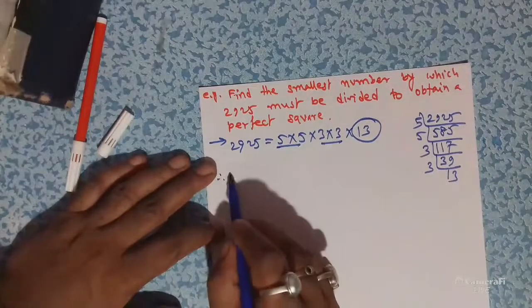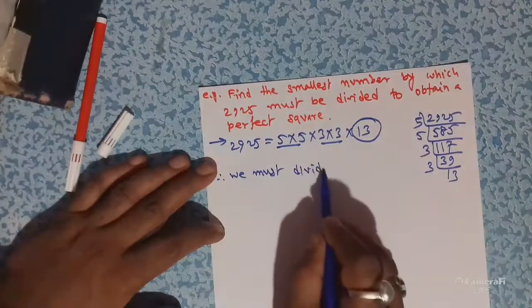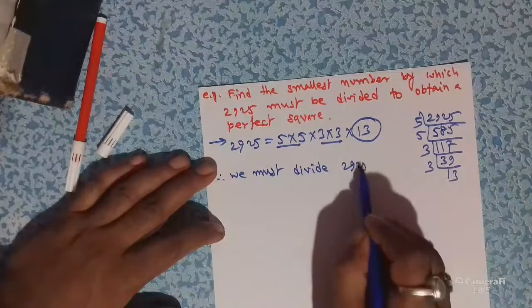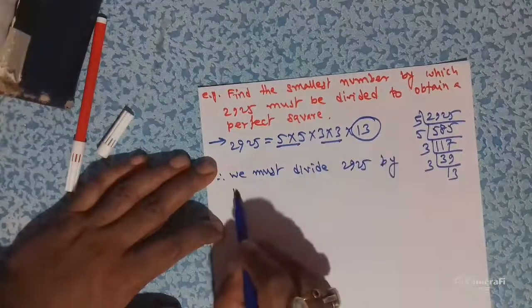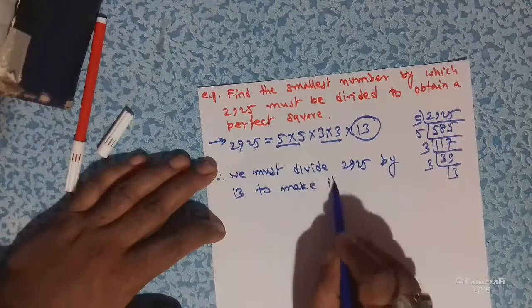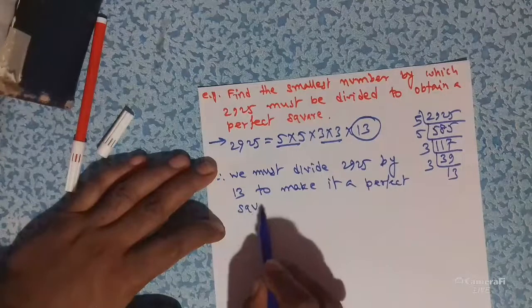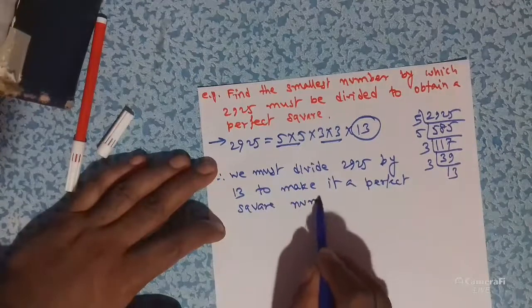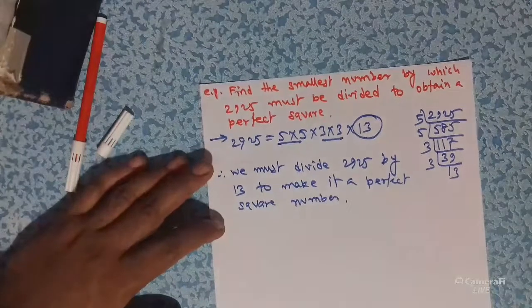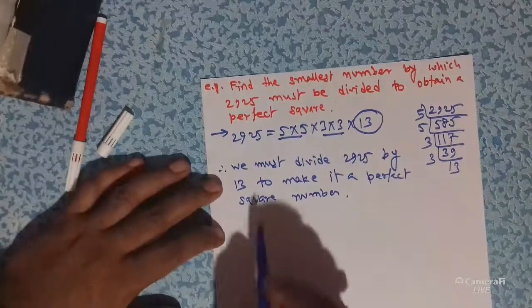Therefore, we must divide 2925 by 13 to make it a perfect square number.